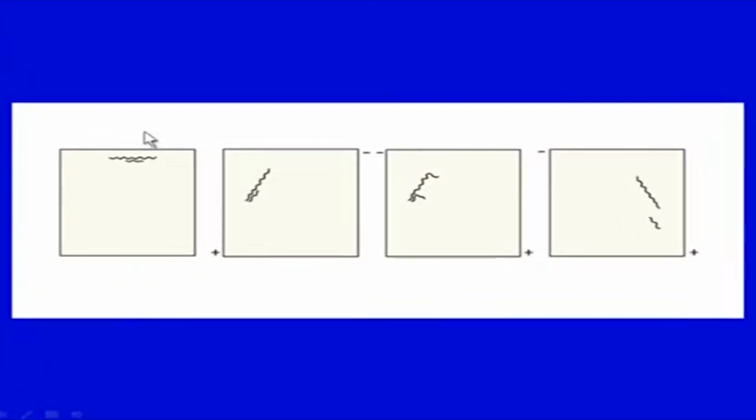If I look at this figure here, it shows two DNA molecules, one larger and one smaller. As current is applied in one direction, the smaller one moves a little faster. Then as you switch the electric field, you can see the reorientation taking place, and the smaller one has migrated ahead of the larger molecule.